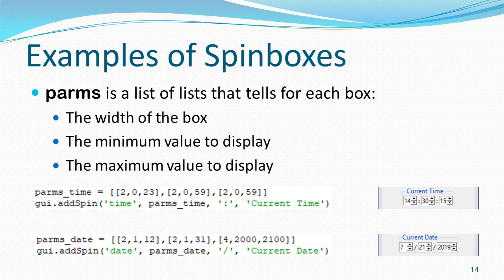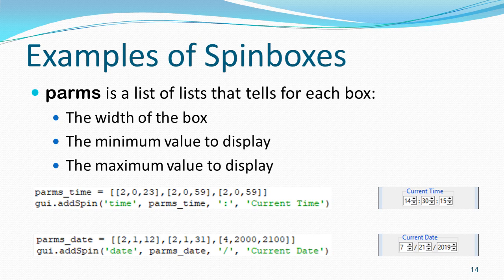Below that, you can see we have parameters for a date. The first box is 2 characters wide, beginning with 1 and ending with 12. So that's your month. The next one is 2 characters wide, beginning with 1 and ending with 31. And that is your day.